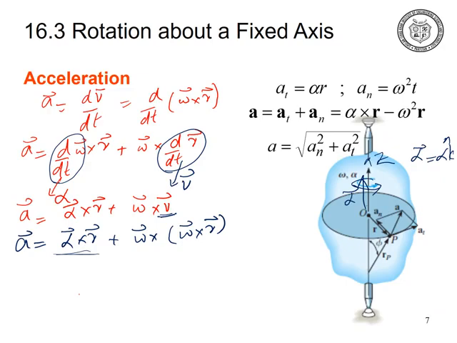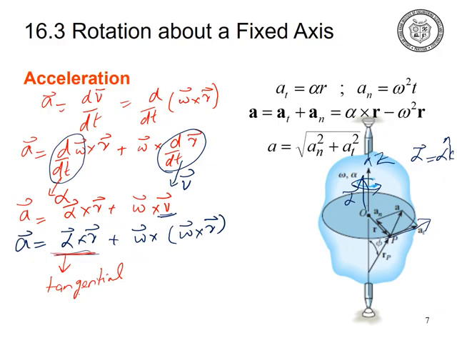Then with your hand pointing toward the alpha direction, curve your fingers toward the r direction. This shows us the tangential acceleration, so this is the tangential term.